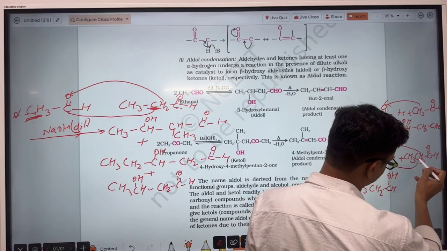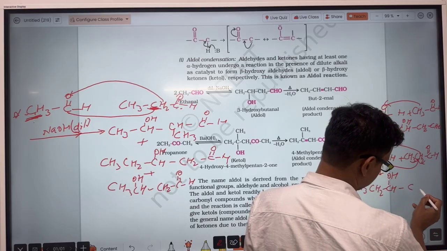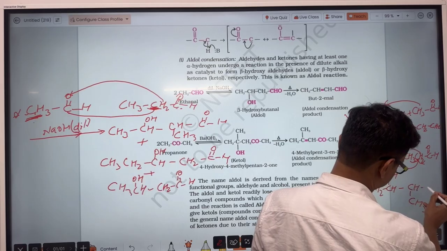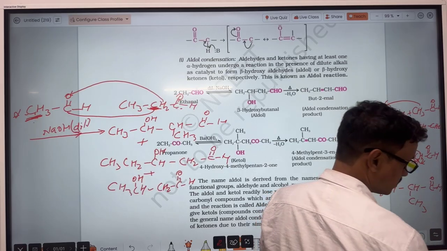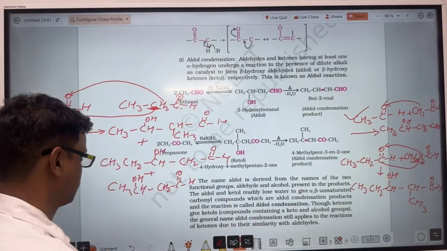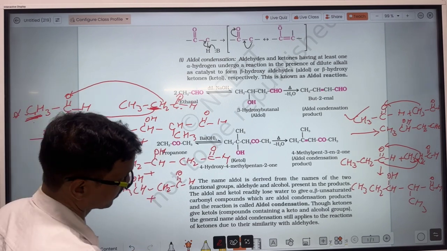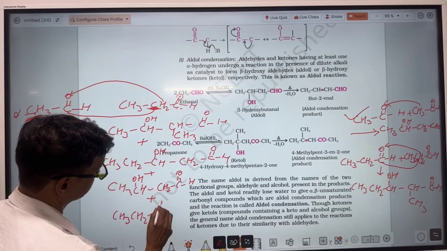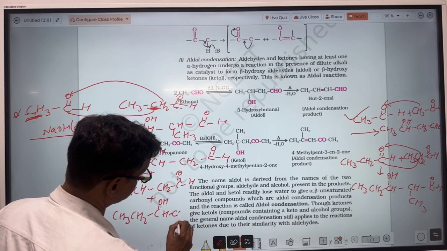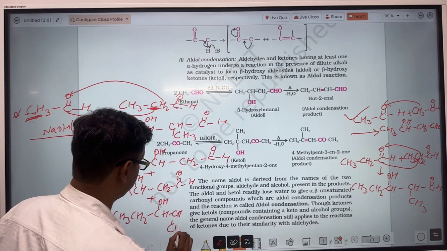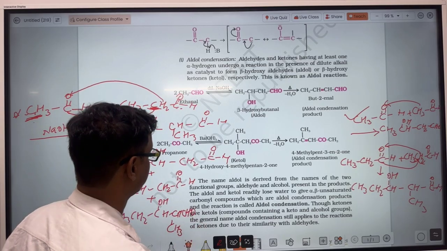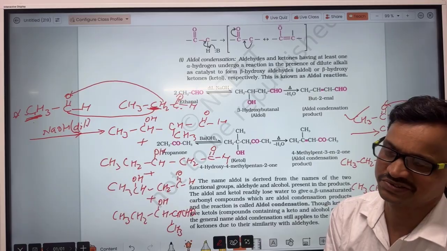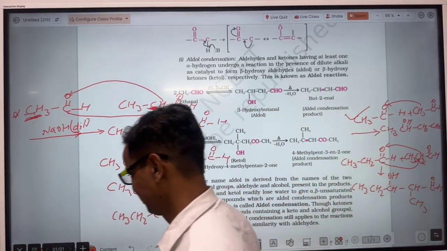And when I go to this one, this carbon will bond to this carbon, and this carbon is bonded to the methyl part on one side and the CHO group on the other side. So another product will be that. And after that, what is the condensation? You do it by yourself. Okay.